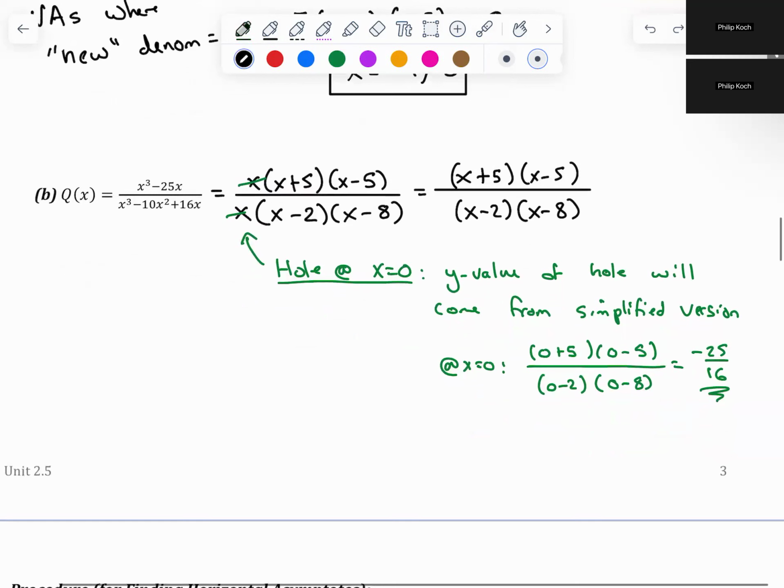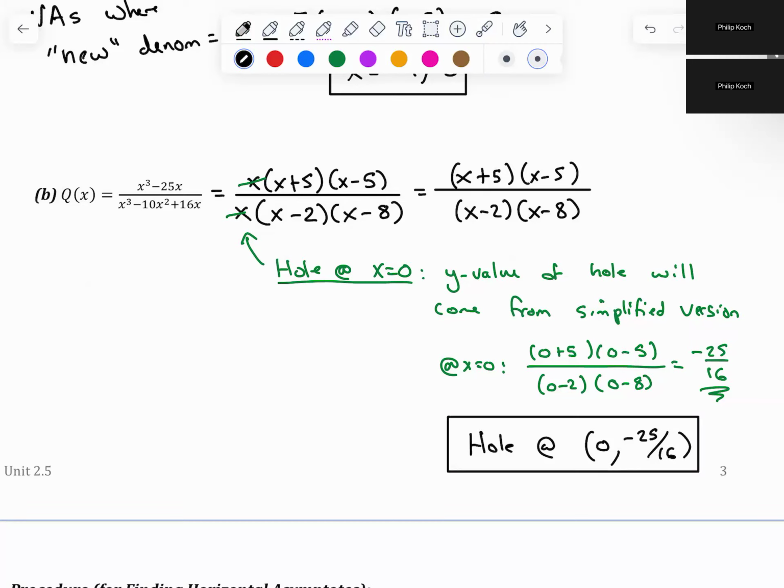So there's a hole at 0, -25/16. And then we've got the VAs. The VAs will happen where the new denominator equals 0.